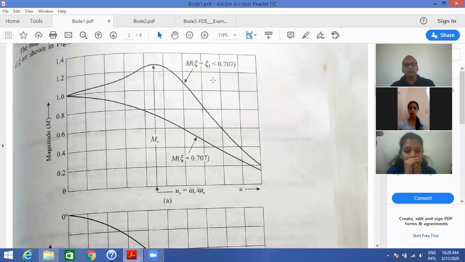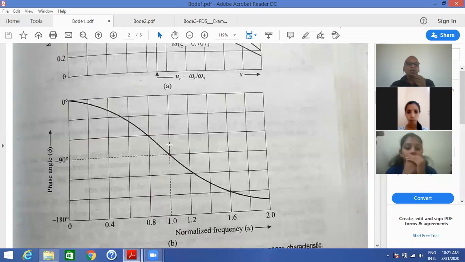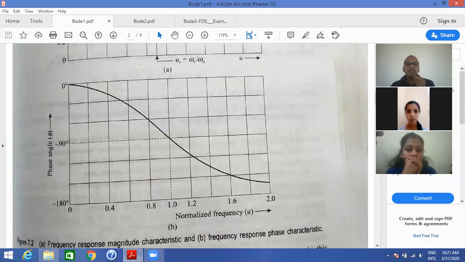Here again, using MATLAB it is possible to put the value of ζ equal to 0.2, 0.4, 0.6, 0.7, 0.9 and then 1, and calculate its resonant peak, MR. This MR is known as the resonant peak. If you consider the phase angle, at u equal to 0 the phase angle is equal to 0.